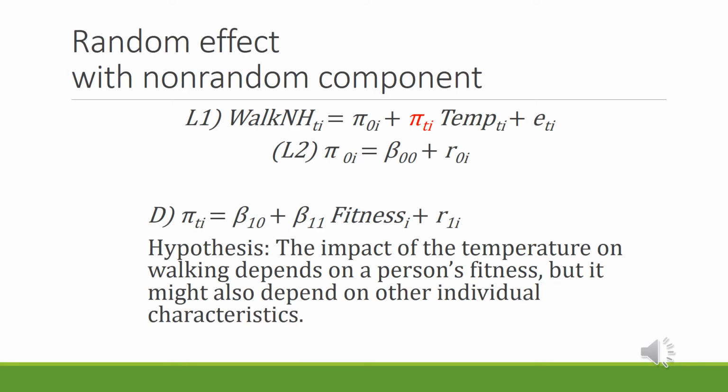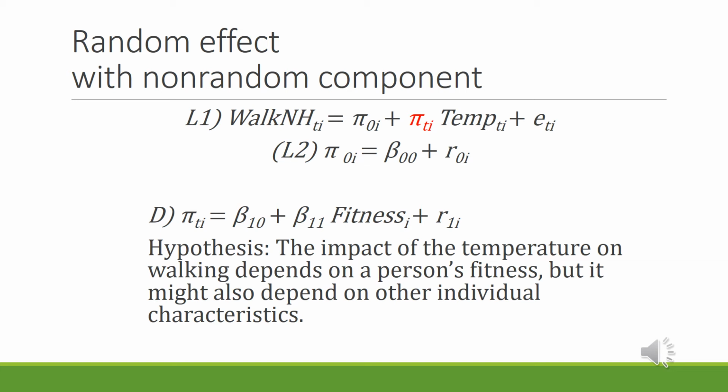Last but not least, we have now a random effect with a non-random component. In this case, we are modeling our hypothesis that fitness moderates the relationship between temperature and walking, but we also allow for other characteristics of the person, others that we have not measured or don't have good measurement on, or we're not able to model, or we're going to model in subsequent models.